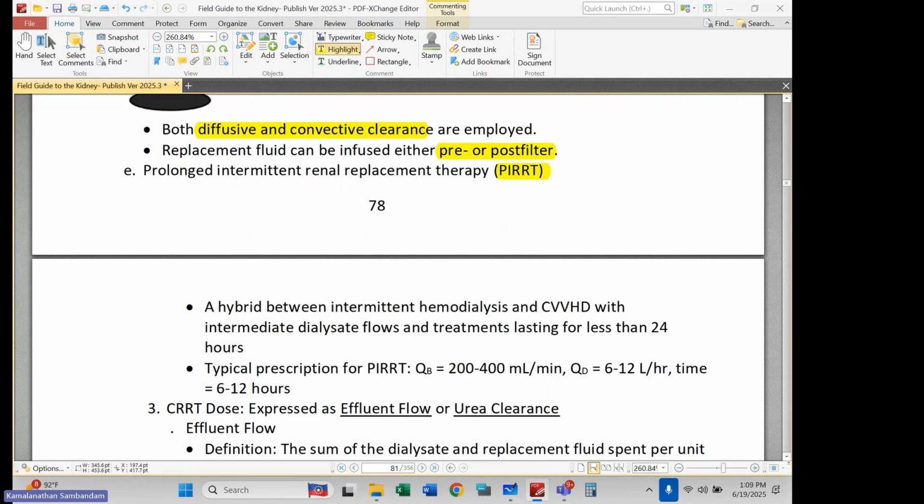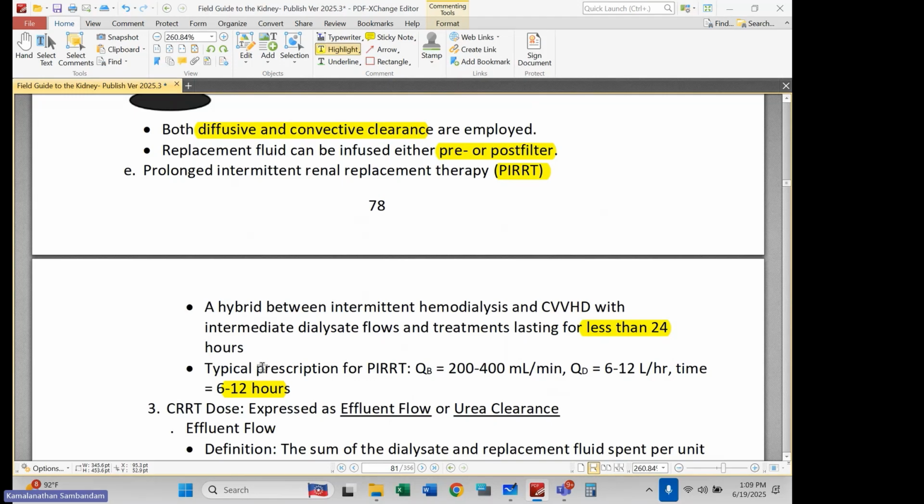This is the individual who is getting sort of CRRT-like prescriptions for less than 24 hours a day. For instance, something like 8 hours at night during night shift.